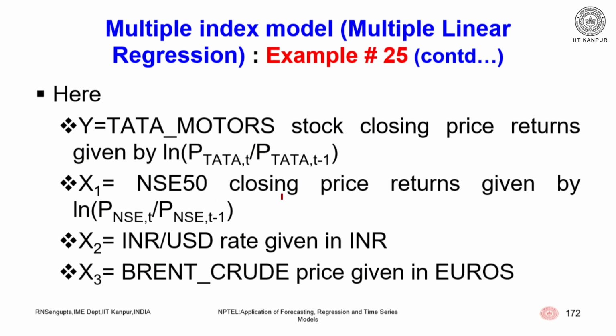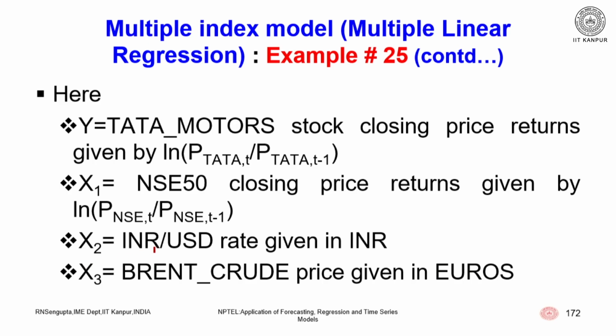X1 is the NSE 50 closing price. Again, the closing price concept is important for both Tata and NSE because the closing price gives us all the information throughout the day. So, let me continue reading. NSE 50 closing price returns given by ln of price of NSE at day t divided by price of NSE at t minus 1.